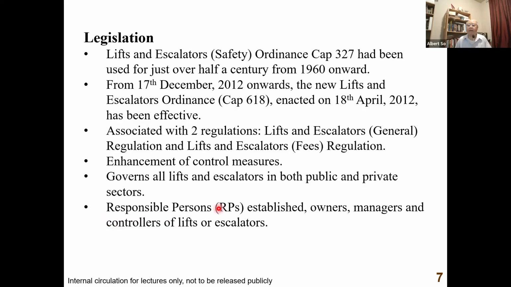And then in 618 there is the term responsible persons. Responsible persons means owners, managers, and controllers of lifts and escalators. In the past, only the owners were responsible for lift accidents, but now, according to 618, managers, property management companies, and controllers of lifts are also responsible for lift safety.